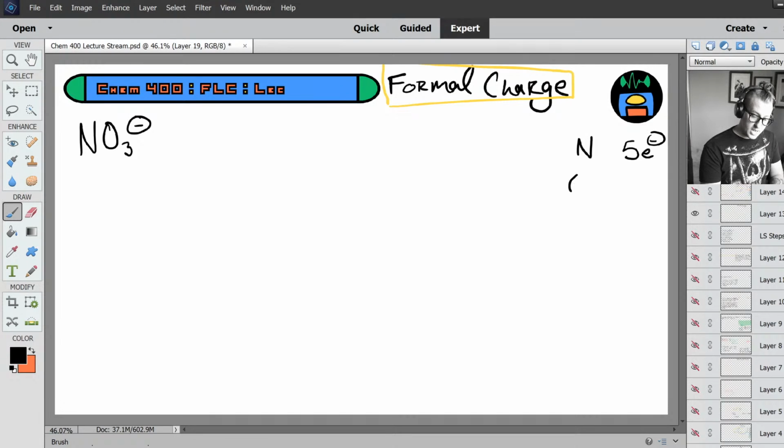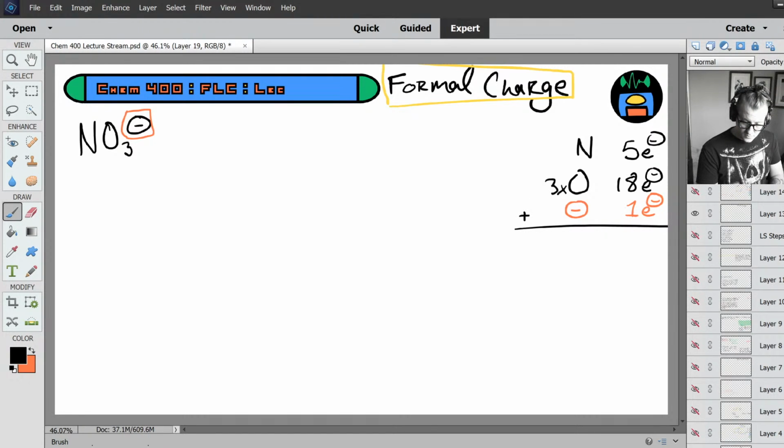Oxygen has 6, but we have 3 of them, so 3 times 6 is 18. And then we have our negative charge, right? We have a charge of negative 1, which means we have 1 more electron than we should have, so it adds 1 to our total budget. When you add all these together, you end up with 24 valence electrons.